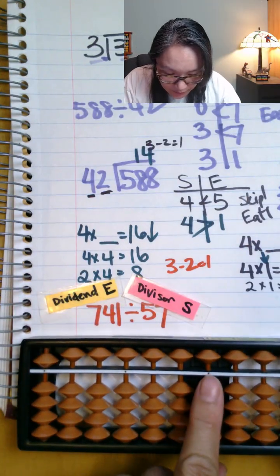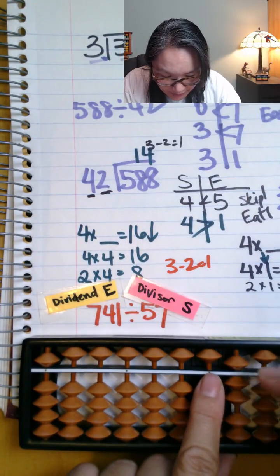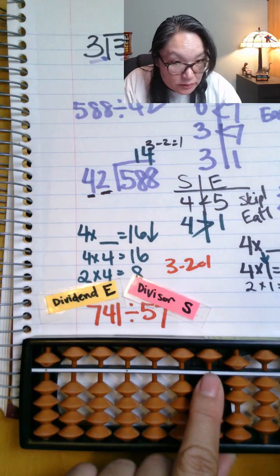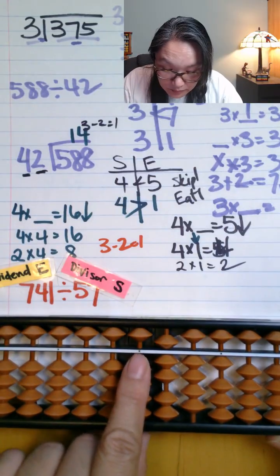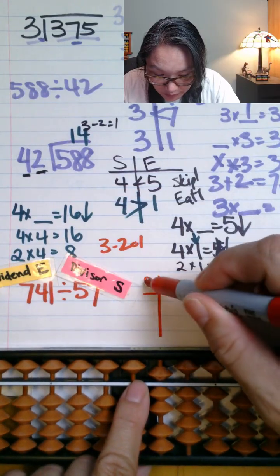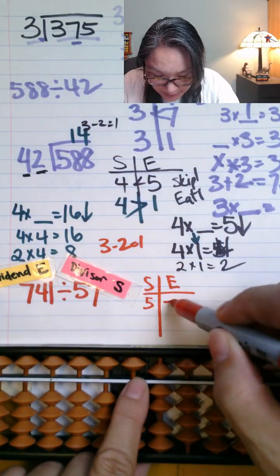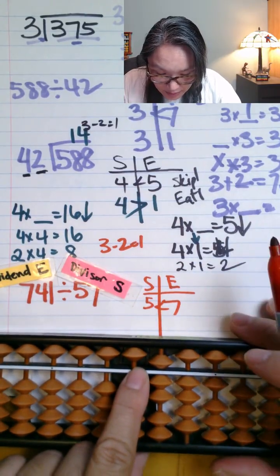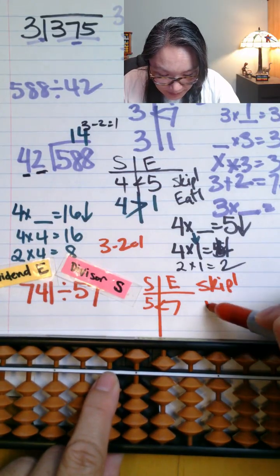We're going to put our dividend here: 7, 4, 1. Then 7 is bigger, so you skip 1. If I did my little chart, my divisor is 5 and my 7. Yes, so 7 is bigger. So I skip 1.